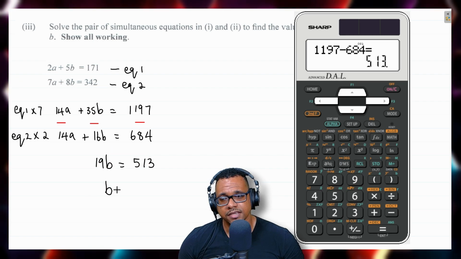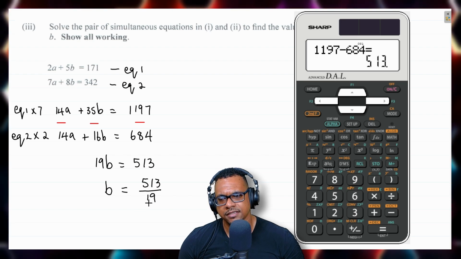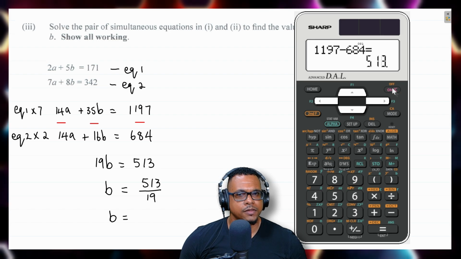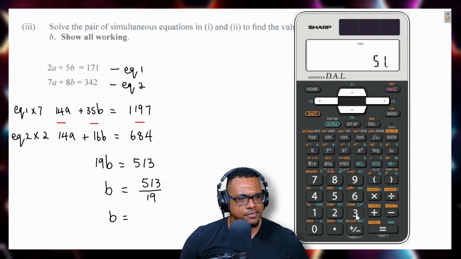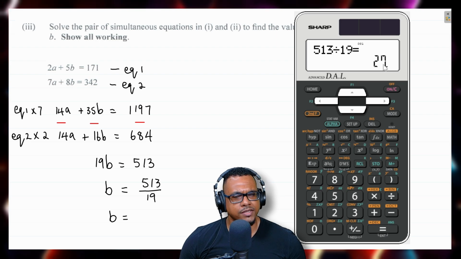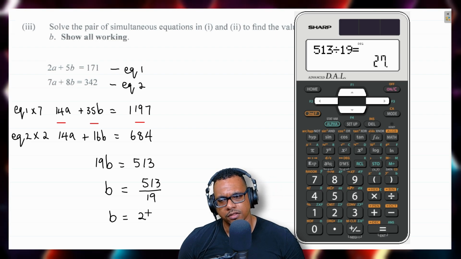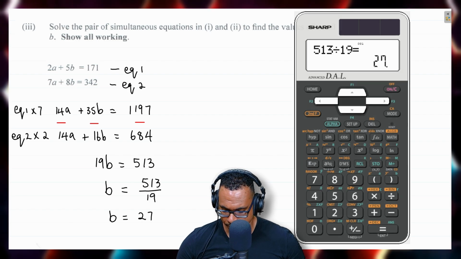So we'll have B is equal to 513 divided by 19. So B is equal to, so we'll take that 513 and divide it by 19, and we get 27. So B is equal to 27.